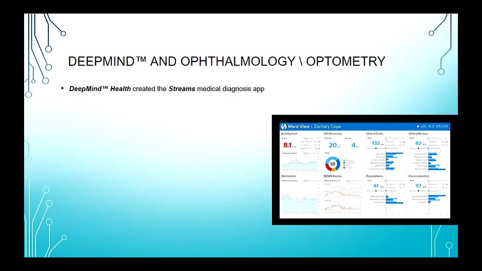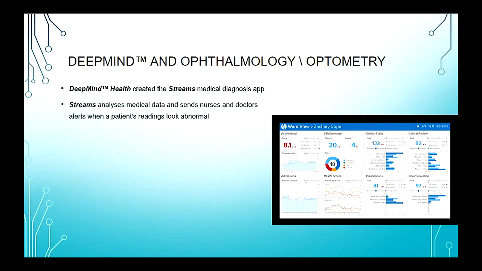Now, DeepMind is still making progress. They have created an app called Streams, and I believe it's available mainly in the UK. Using Streams, it reads in all your medical data, and it's an opt-in app, so now they've sort of figured out the ethics part.